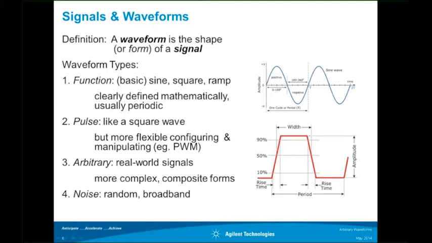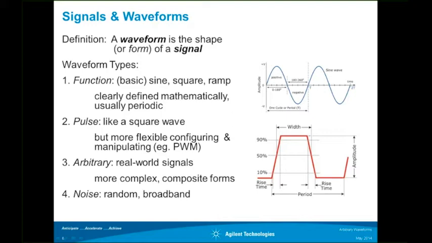One of the main differences between an arbitrary waveform generator and a function generator is the ability to output arbitrary waveforms. An arbitrary waveform is a custom signal that a user defines, and that could be a real-world signal that you capture from a scope and try to output, or it could be a complex signal that you design in a software program such as MATLAB or Excel or some other piece of software.